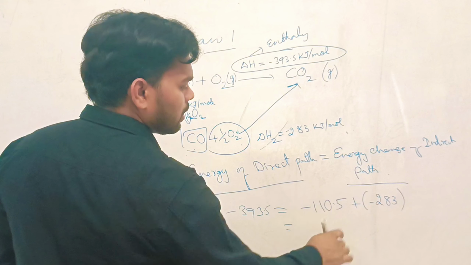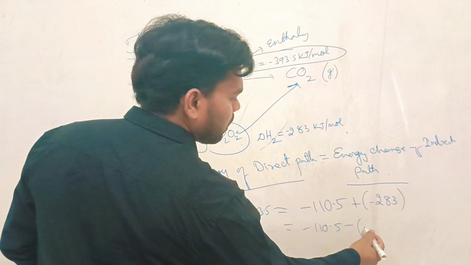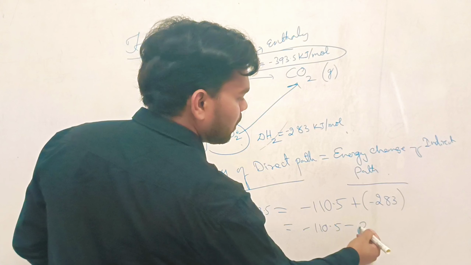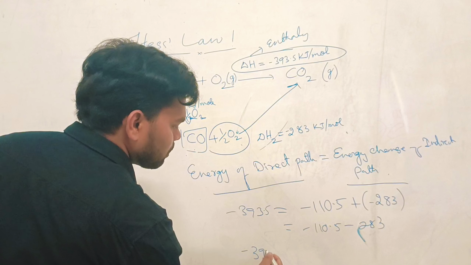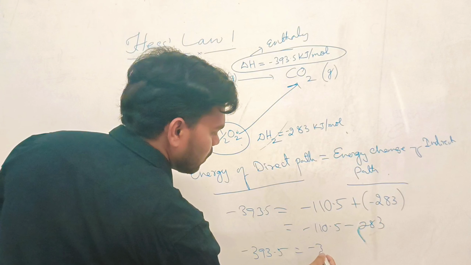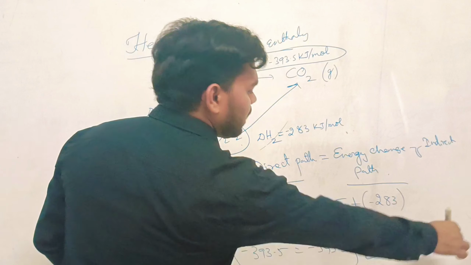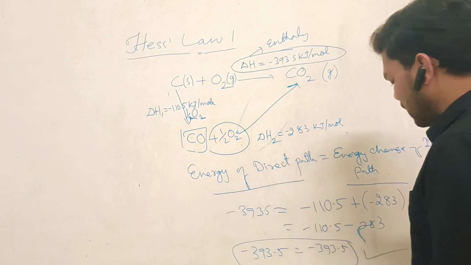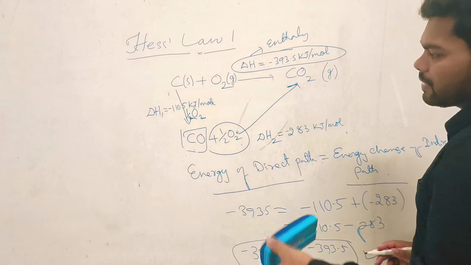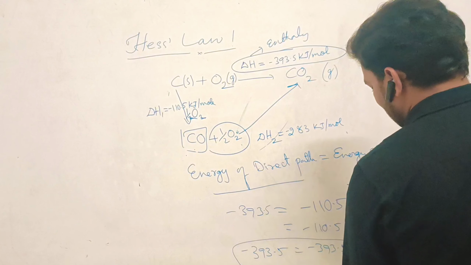Negative plus negative, minus plus minus. Then it will be equal to the same, 393.5. Is there any loss or any gain? The energy remains the same. So this is called Hess's law.